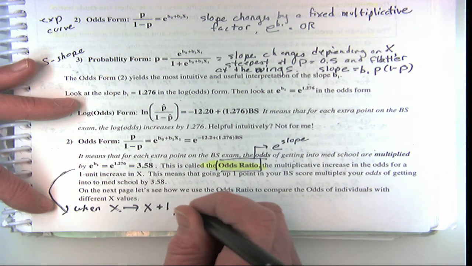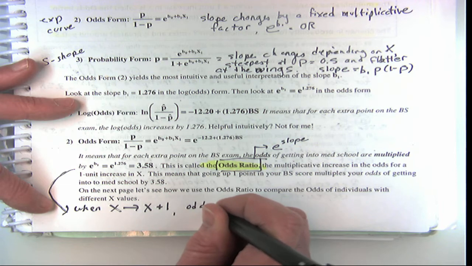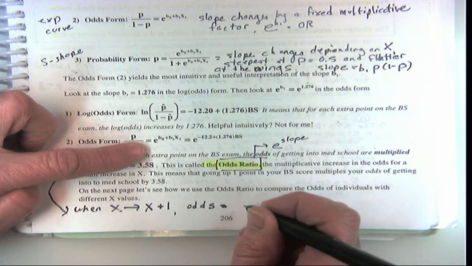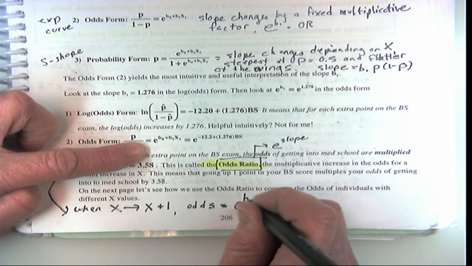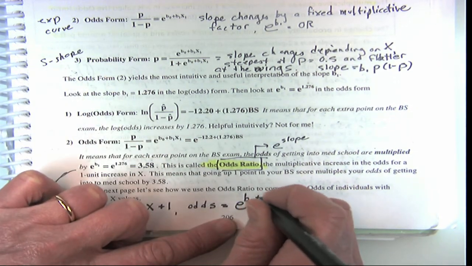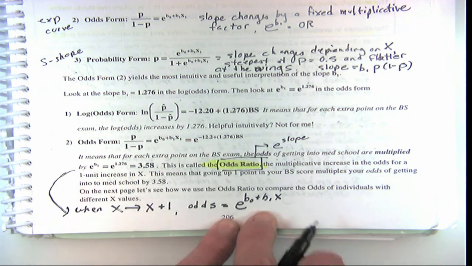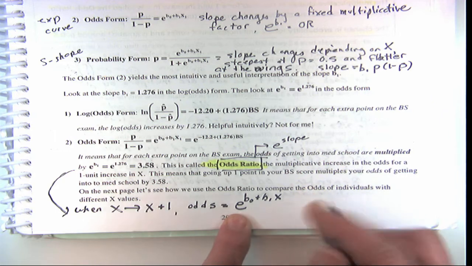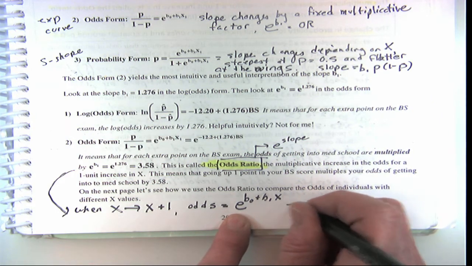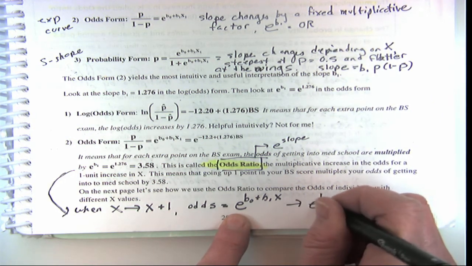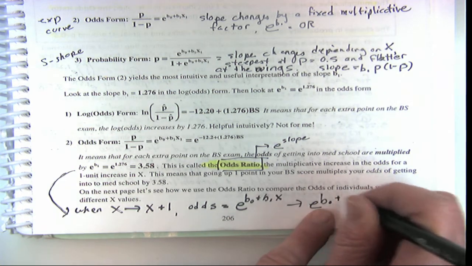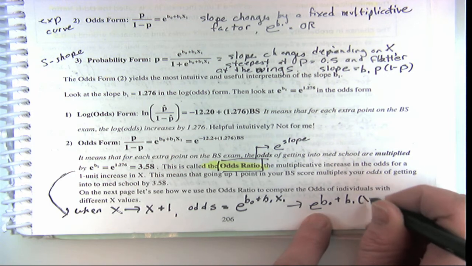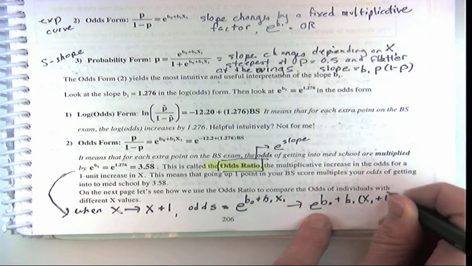Well, the odds, which are equal to e to the beta 0 plus beta 1 x, linear in the exponent, are going to change to e to the beta naught plus beta 1 times x plus 1. Okay?